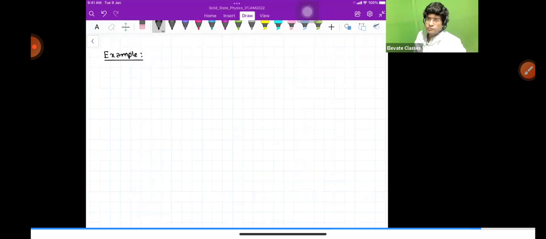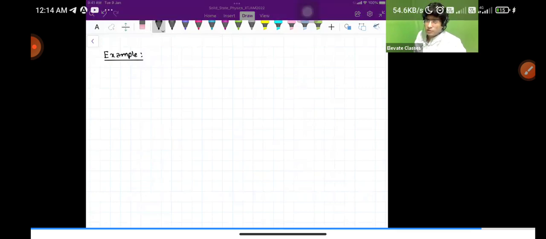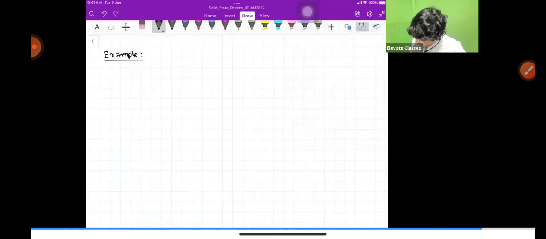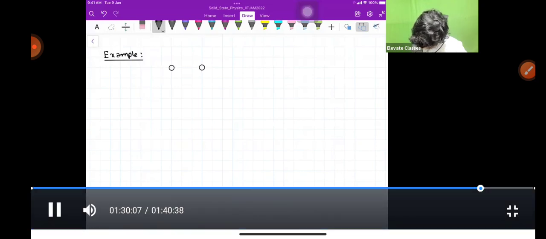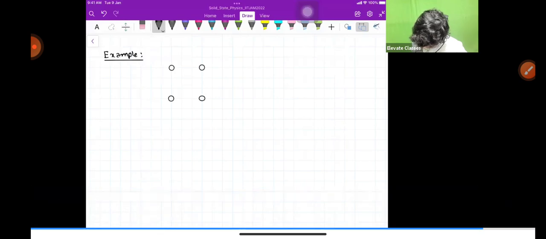Now this will be a complicated structure. So let me, all right. Now I have to repeat this thing over and over again.